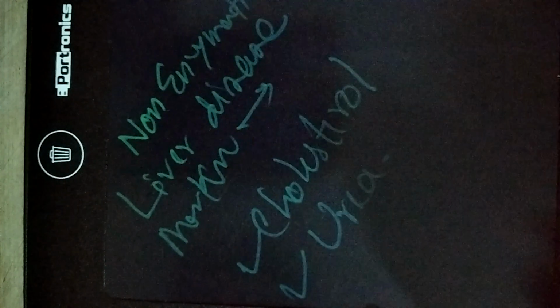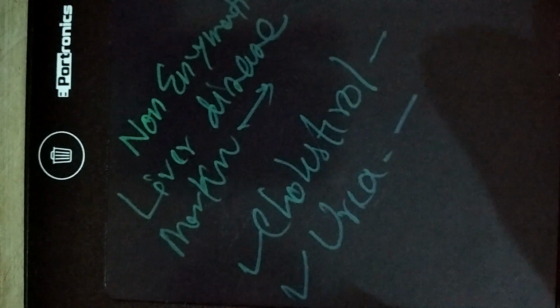Now there are some non-enzymatic markers as well. Non-enzymatic liver disease markers. For example, cholesterol, which we will study a little bit more in detail. Another is urea. These are the two things which are produced inside the liver.